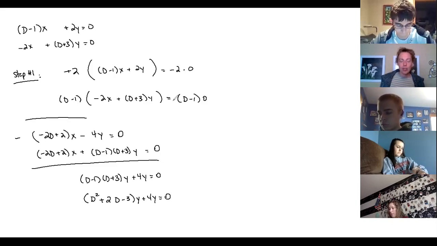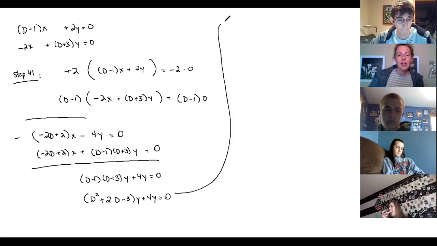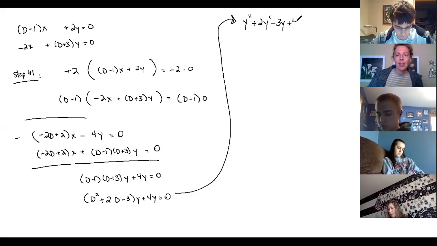If I FOIL those first two pieces, and then I need you to remember D meant a derivative, so D squared means a second derivative. D meant a derivative, D squared means a second derivative, and I'm doing it of y. So what this is going to give me is y double prime plus 2y prime minus 3y, and then we've still got that plus 4y equals 0.